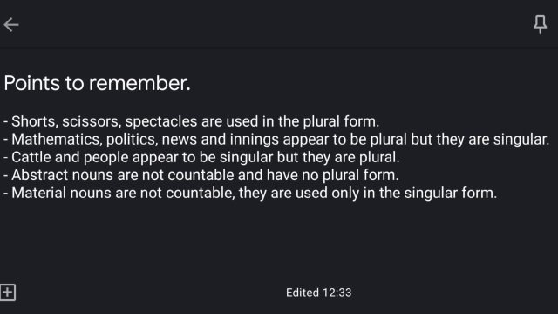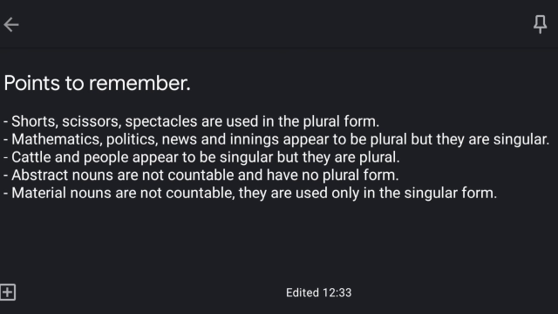Now these words have S in them. We will think that because they have S, these are plural words, but actually these are singular words. Cattle and people appear to be singular, but they are plural. Now the words cattle and people don't have S, but still they are not singular, they are plural. These things have to be learnt.